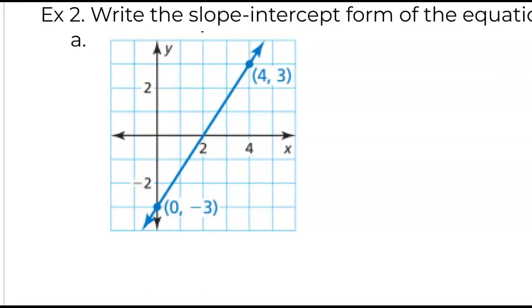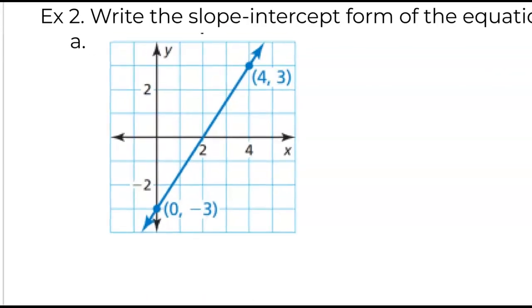So if we go from 0, -3, trying to get even with our other point going from left to right, we have to go up 6 boxes. So plus 6. That's our change in y. To get from one point to the other, we would have to go to the right 4.